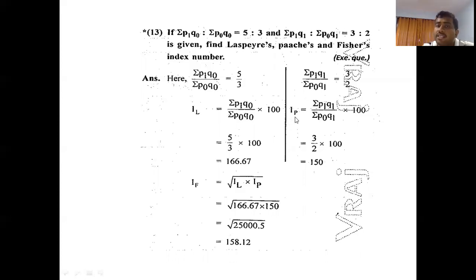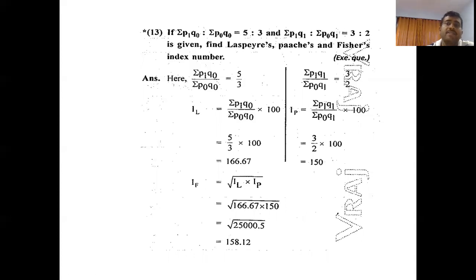With the help of the Paasche formula, we get this information. So finally IF. What is the formula for Fisher? Under root IL into IP. So 166.67 into 150, under root 25,000.5. Final answer 158.1.